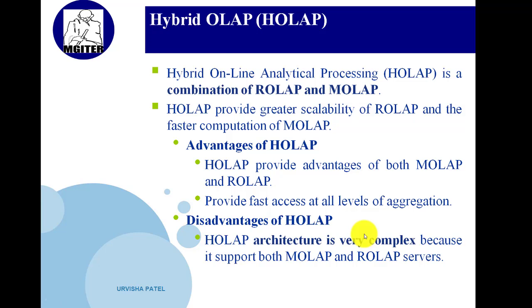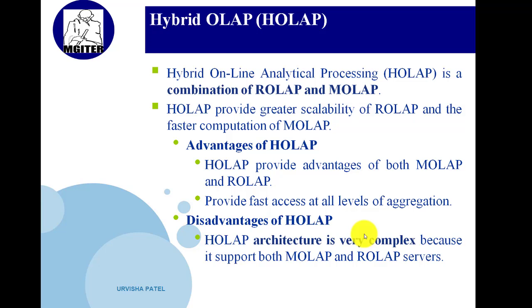Next is a hybrid OLAP server. Hybrid OLAP server is a combination of ROLAP server and MOLAP server. The hybrid OLAP combines the benefits from the greater scalability of ROLAP and the faster computation of MOLAP.